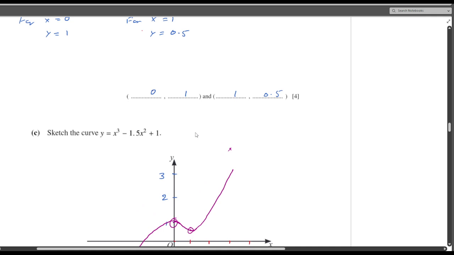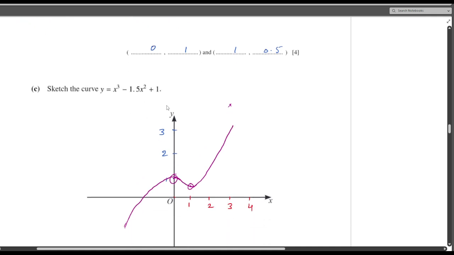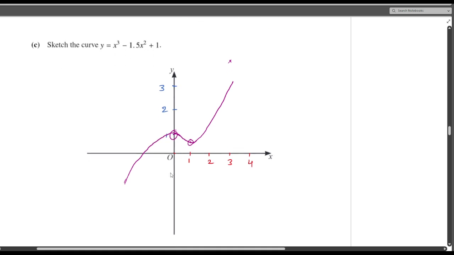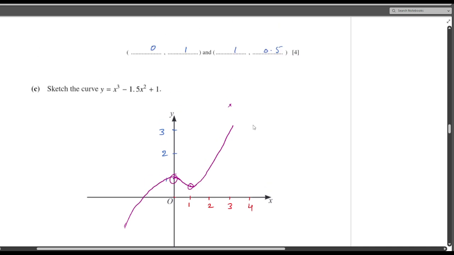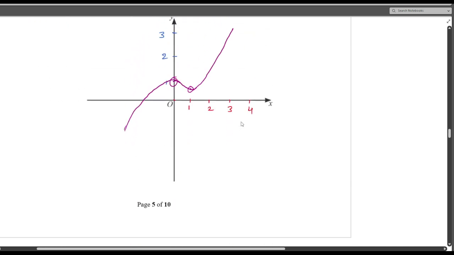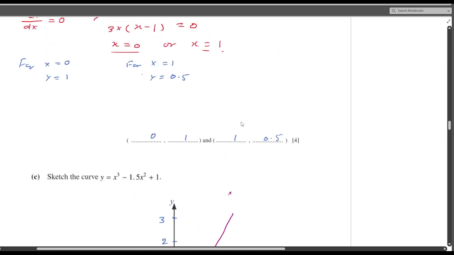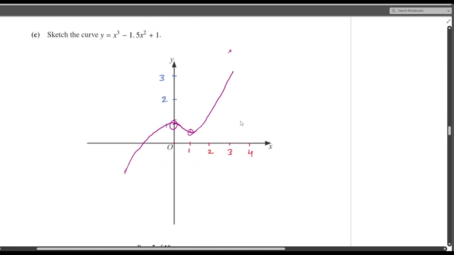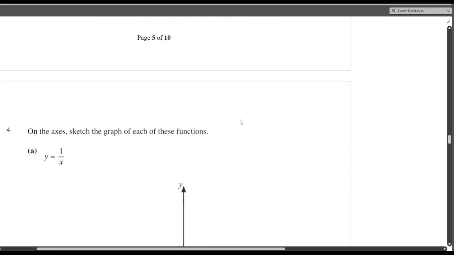Otherwise you start finding different y values for different x values, and maybe you will not get this accurate curve, because here the most important thing is your turning point. Okay, fine, right. So this is your question number 3. Again a difficult question.